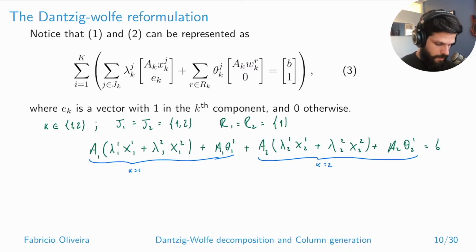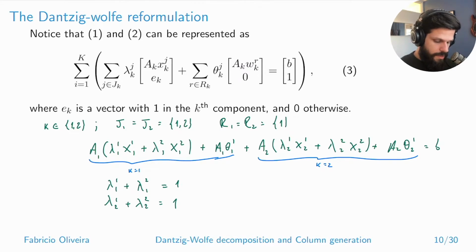And then I have lambda subproblem 1 node 1 plus lambda subproblem 1 node 2 extreme point equals 1, and lambda 2 1 plus lambda 2 2 equals 1.